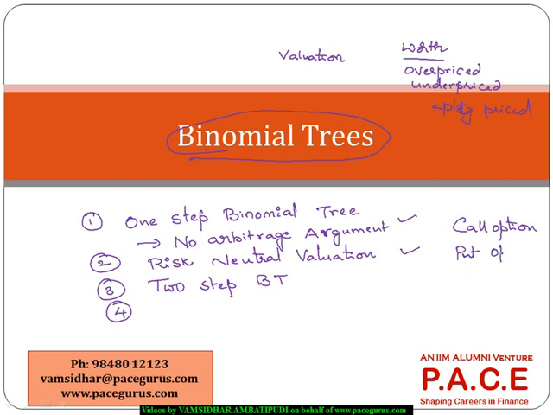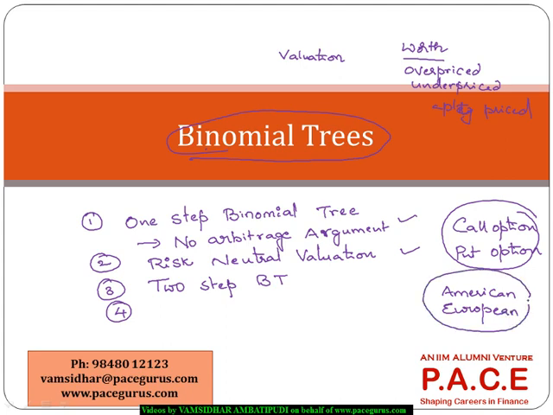And I would also talk about how this tree would be constructed or used both for American options as well as European options. Even that would be considered a part of our valuation exercise.